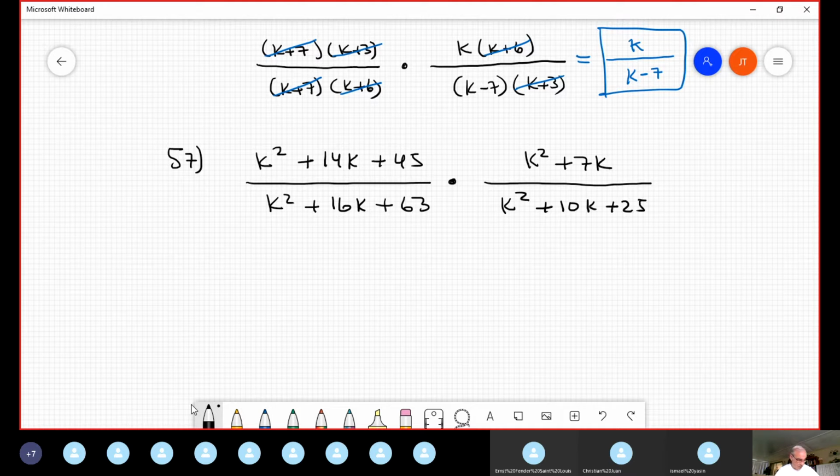Okay, let's do it one by one. I recopy one by one, because I want to do the factorization.